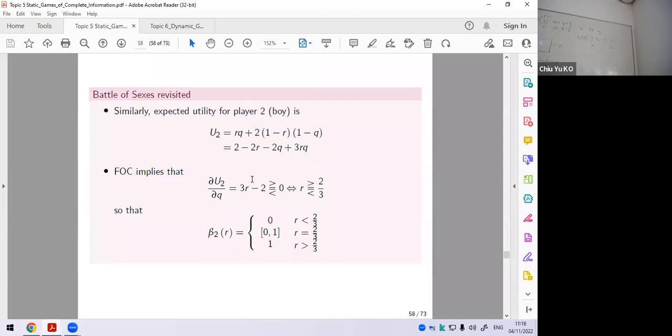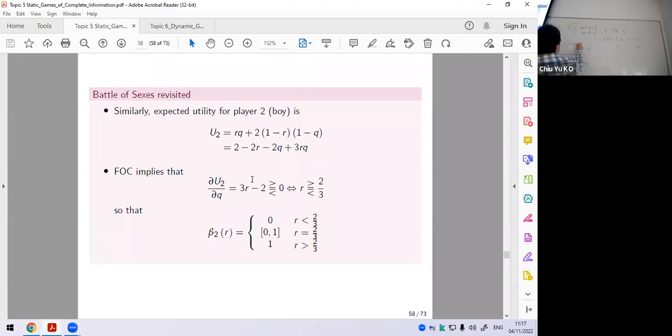So it's just -2 plus 3R, okay? And here you can see when R is 2/3, then you would be indifferent, right? When R is 2/3, you'll be indifferent, like this, right? When R is more than 2/3, you would be choosing as high Q as possible, right?